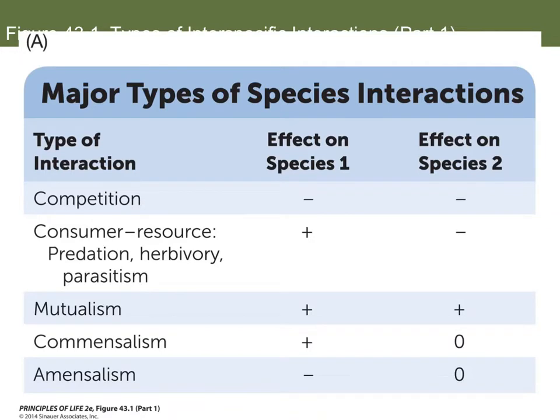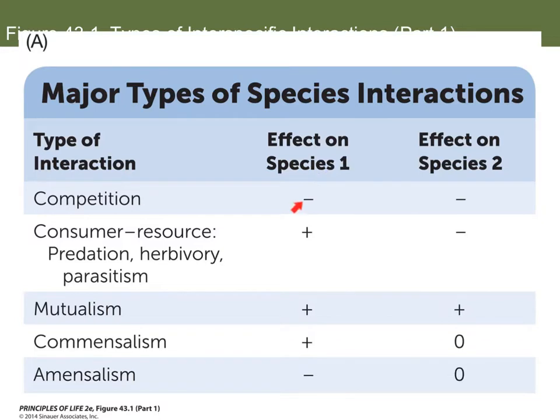And so these are your major types of species interactions. You have competition, consumer resource, which includes predation, herbivory, and parasitism, mutualism, commensalism, and amensalism. And you can see here that they give you a description of how each organism is affected.